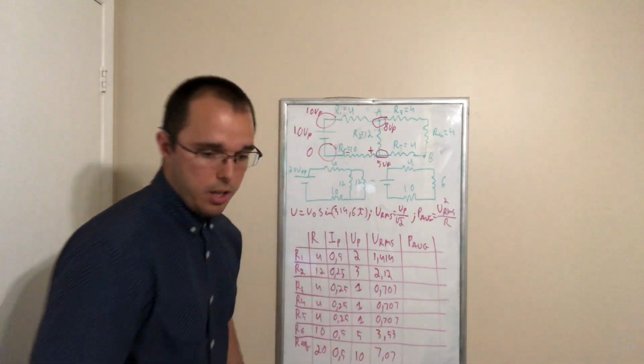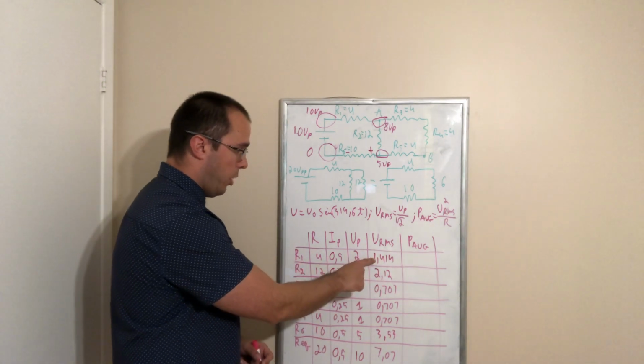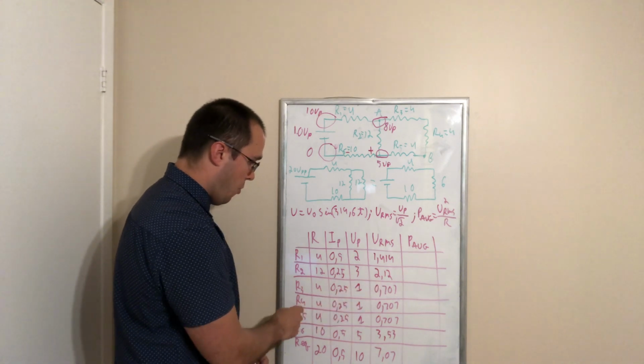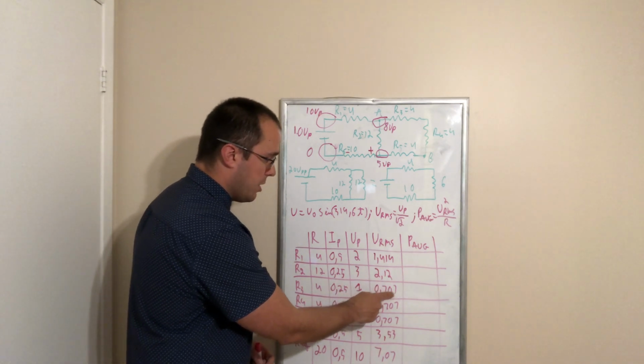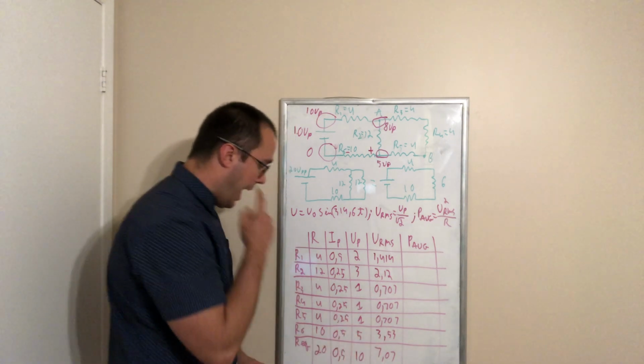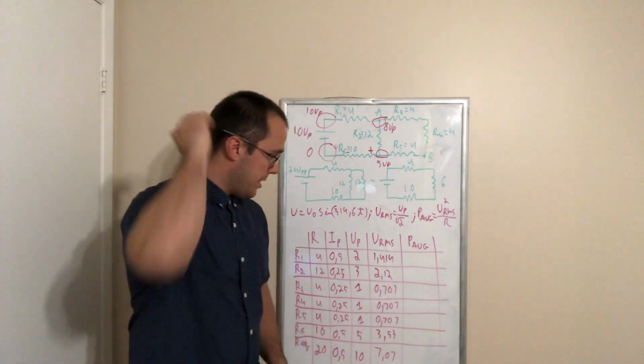Just to make sure everyone can see these: the voltage RMS at R1 is 1.414, at R2 is 2.12, at R3, R4 and R5 it's 0.707, at R6 it's 3.53, and at the power source it's 7.07.